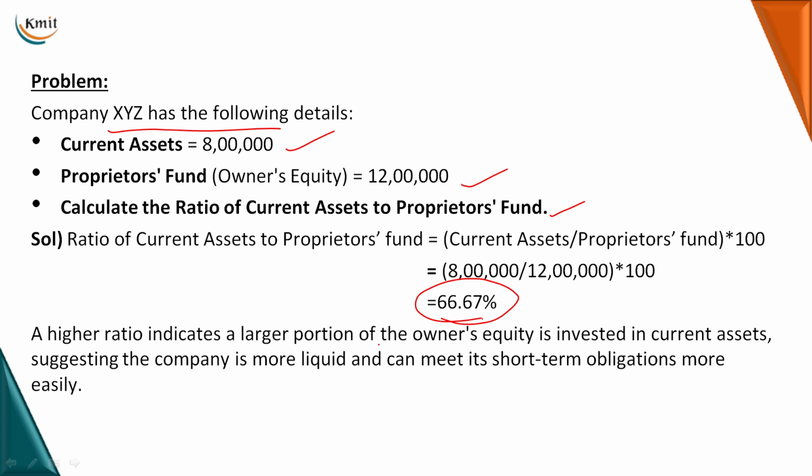The higher ratio indicates that a larger portion of owners' equity is invested in current assets, suggesting that the company is more liquid and can meet its short-term obligations more easily by converting these current assets into cash within a shorter period of time.